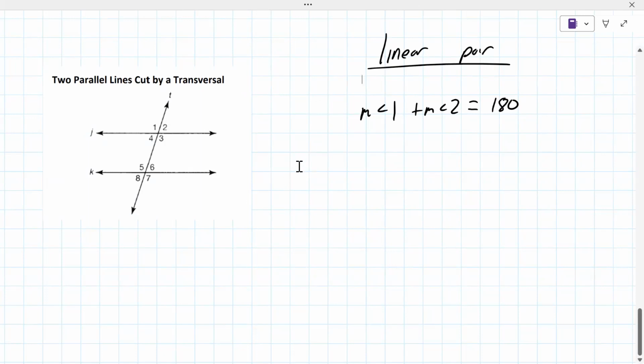Yeah. Well, there's a bunch of them here, like 1 and 4 are linear. Measure of angle 1 plus measure of angle 4 is a linear pair. So any 2 of them, would be 2 and 3, 3 and 4, 5 and 6, 5 and 8, 6 and 7, 8 and 7, they're all linear pairs.